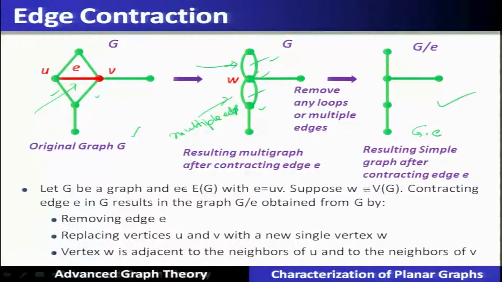So, let G be a graph and E be an edge in the graph with its endpoints as U and V. Suppose W is a vertex in V. Contracting the edge E in G results in the edge-contracted graph, obtained from the graph by removing that edge and replacing the vertices U and V with a single vertex W. The vertex W is adjacent to the neighbors of U and the neighbors of V. So, all the adjacency relations of U and V are preserved by W, hence these edges are added. That is called the edge contraction step.